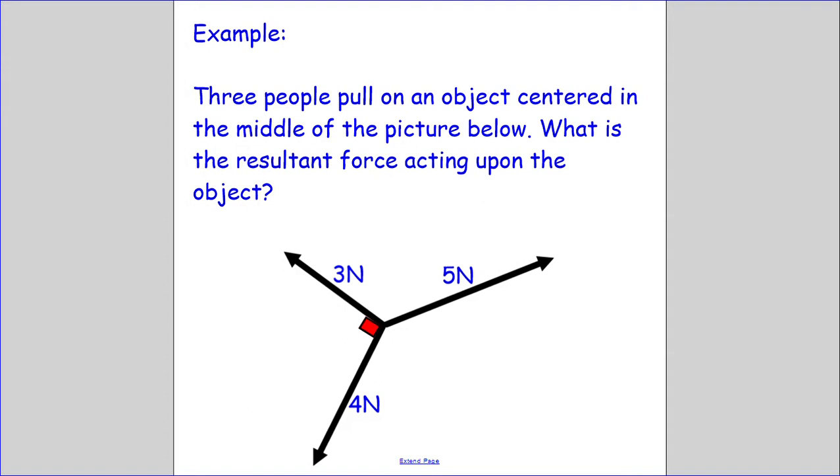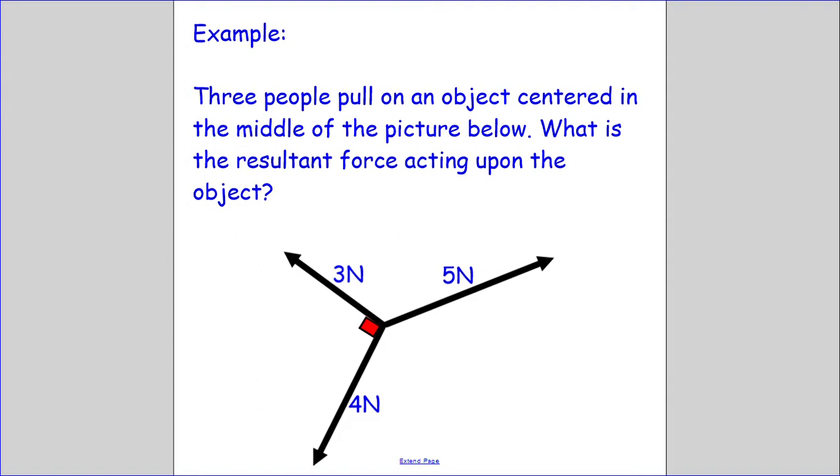The tip to tail approach is going to be much faster, so all I'm going to do is take our three different lines that are here and connect them tip to tail. That should tell us what the resultant force is going to be. Remember that we always draw the resultant force starting from the beginning and going toward the end.